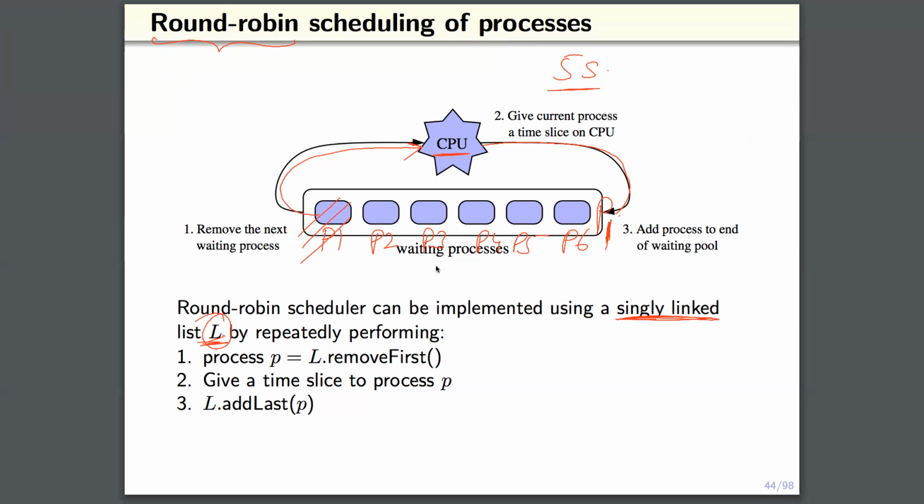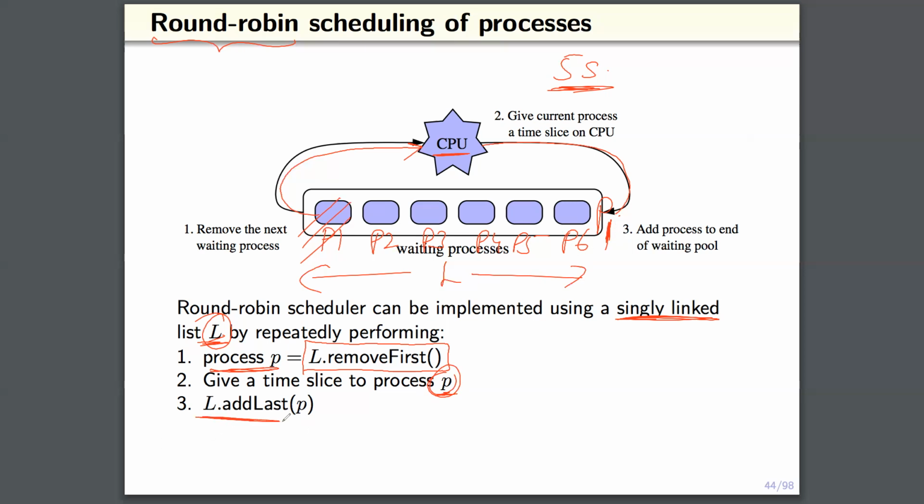So this is your singly linked list. Remove the first process from L, call it P. Now CPU will process P by giving it some time, say 5 seconds. After that, processing of P is over. Now P gets back into the queue at the last position.